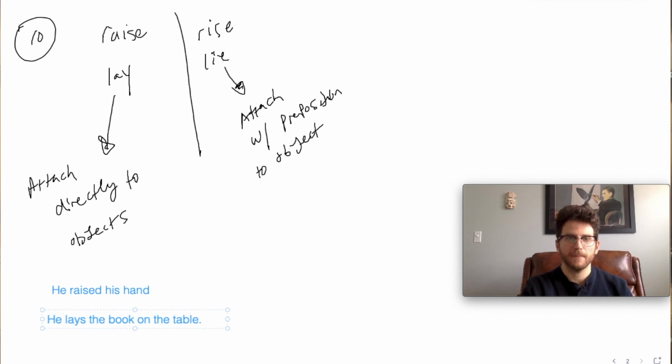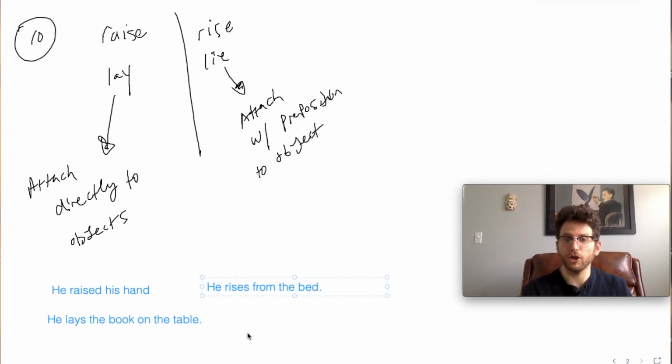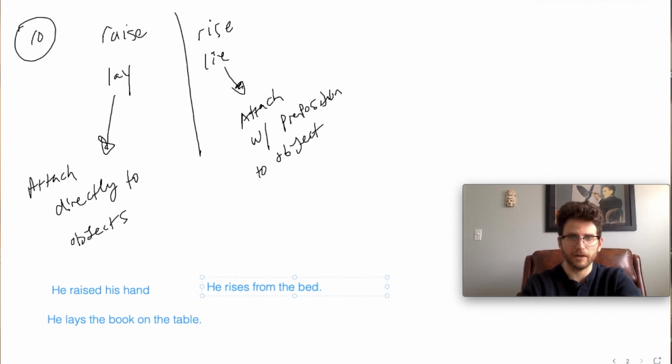Rise and lie. Okay, he rises from the bed. So notice, rises is not attached directly to the bed. What it has in between rise and the bed is "from," that preposition, right? So like I said, rise and lie always use prepositions to connect them to their objects. And I'll give you one with lie.